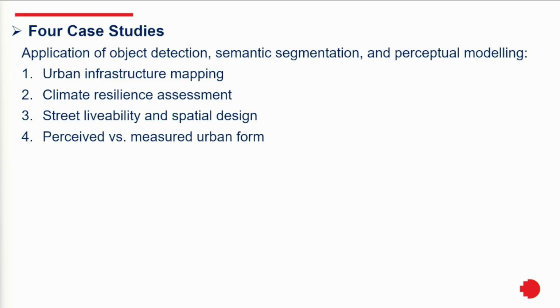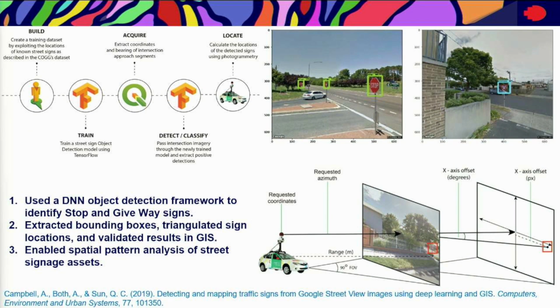The second one, climate resilience assessment, also used Google Street View imagery. However, in the following projects in my team, we are more and more using the Mapillary Street View imagery for analysis. Okay, so this is our case study.